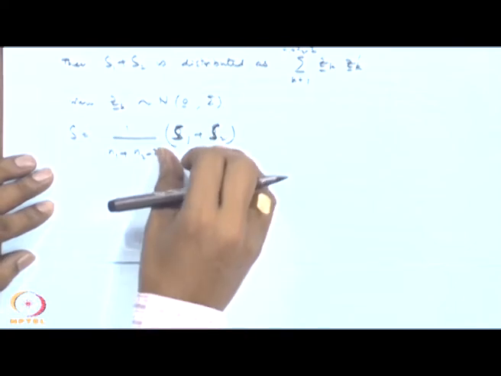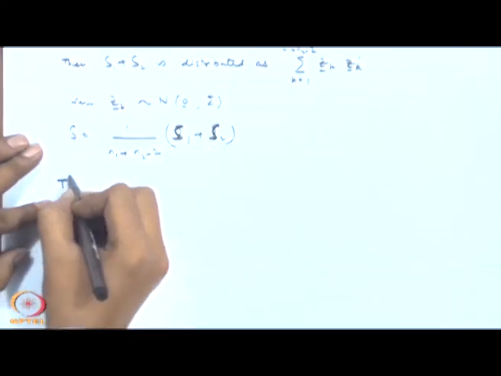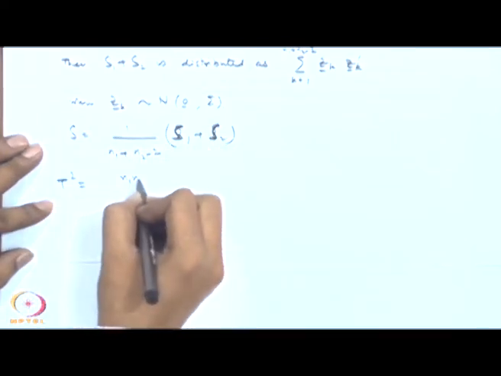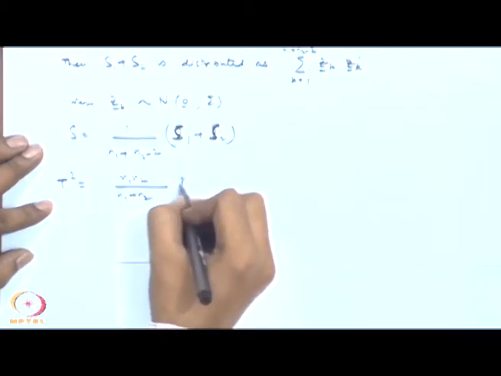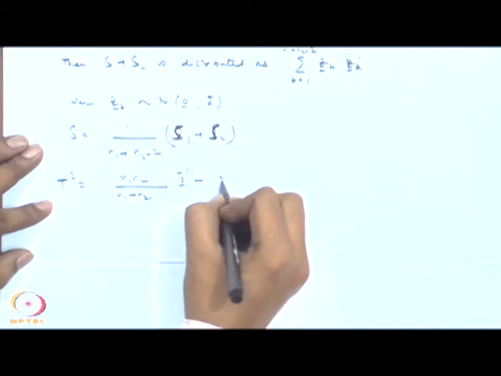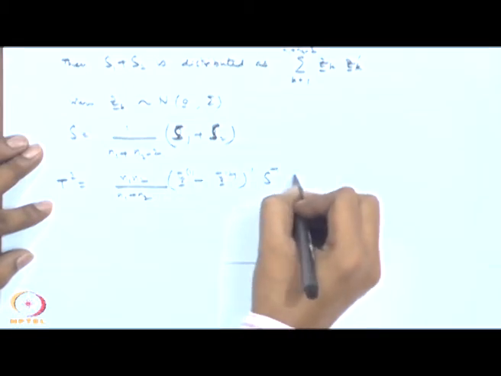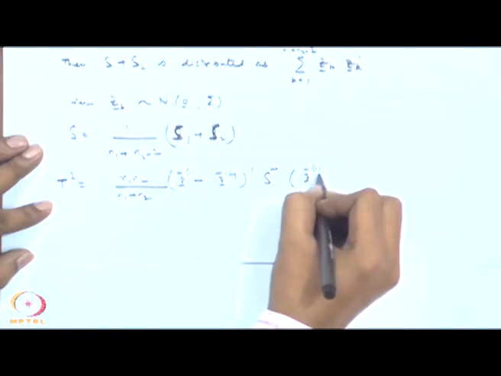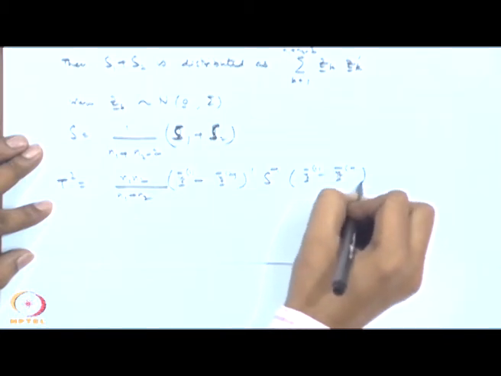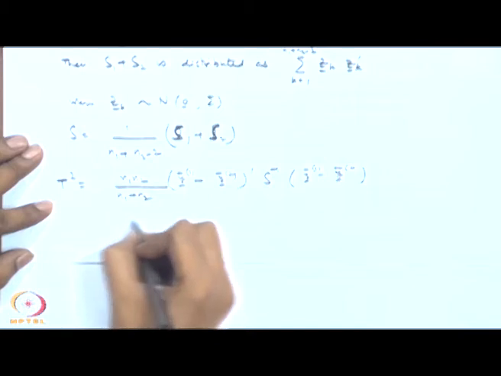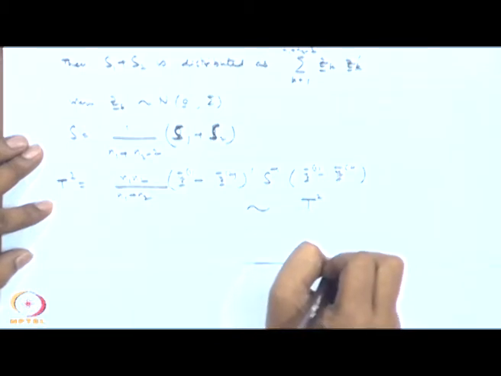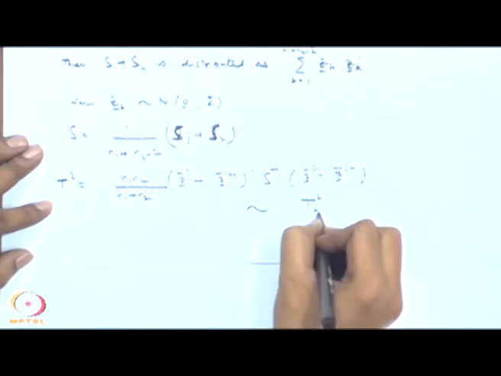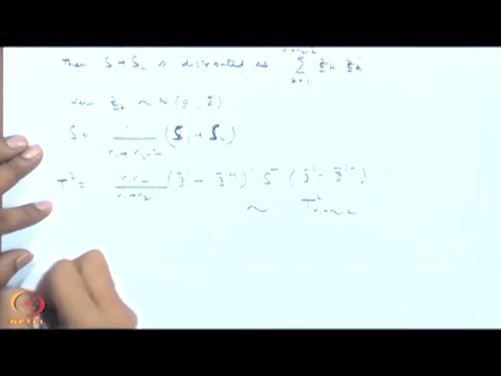Then based on this we can define the Hotelling's t square, that is n 1 n 2 by n 1 plus n 2 times y bar 1 minus y bar 2 transpose S inverse y bar 1 minus y bar 2. Then this has a Hotelling's t square distribution on n 1 plus n 2 minus 2 degrees of freedom.